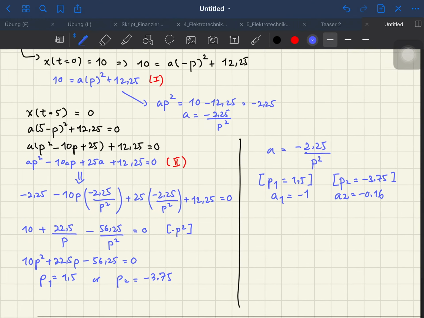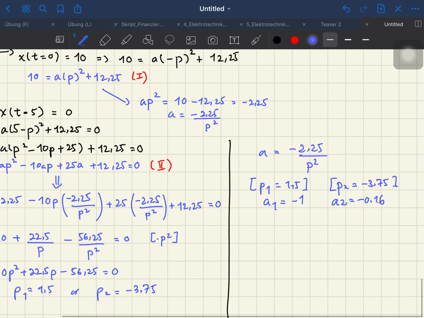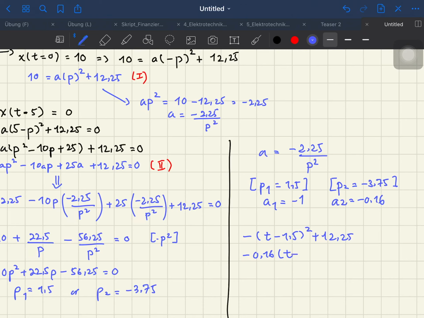Okay, if you have these values obtained, you will have a1 and a2 and then p1 and p2. For each pair, a1 and p1 in this case, we construct the quadratic function using a1 and p1. We will get negative 1 times t minus 1.5 squared plus 12.25, or you will have negative 0.16 of t plus 3.75 squared plus 12.25.